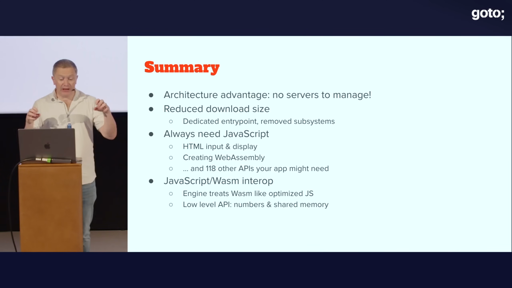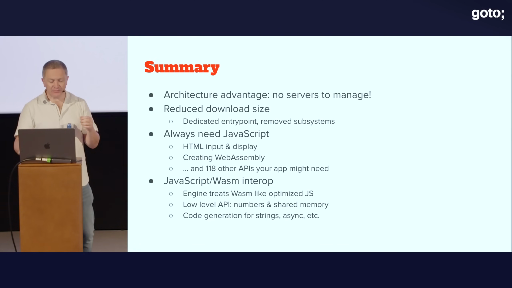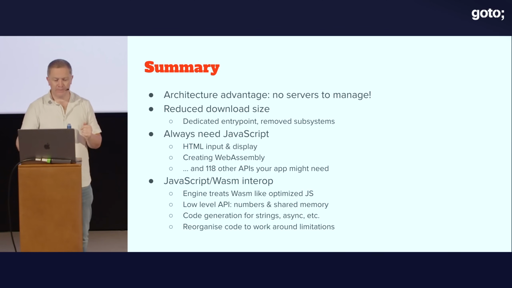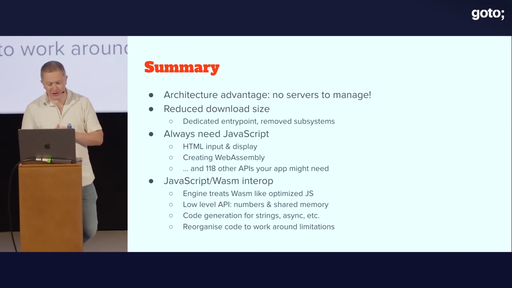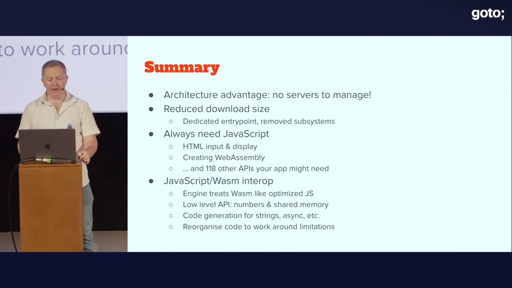There's a very low-level API between JavaScript and WebAssembly. It's all just numbers and shared memory. And so that means that code generation is your friend for things like strings and async and lots of other stuff. And yeah, I think it's fairly common in a project like this to have to reorganize how your code is structured in order to work around the relatively limited interface between the two worlds.